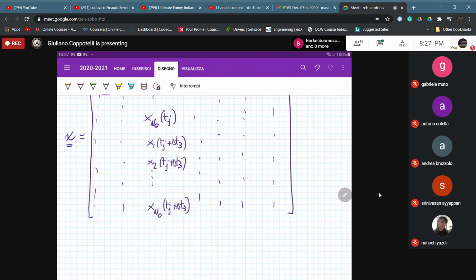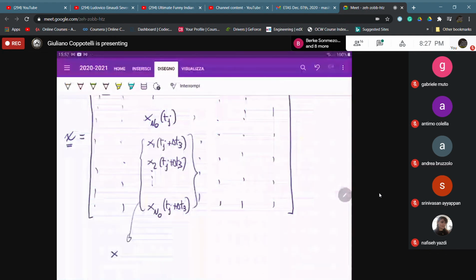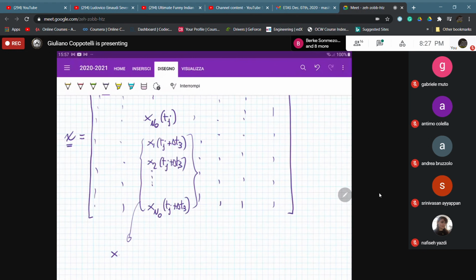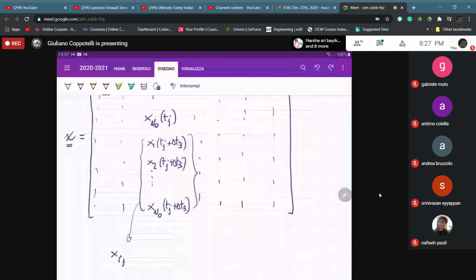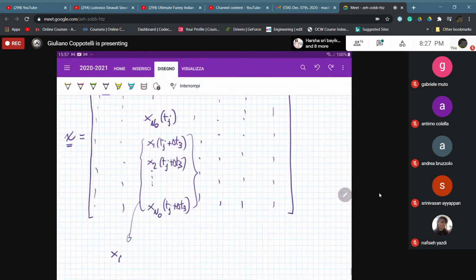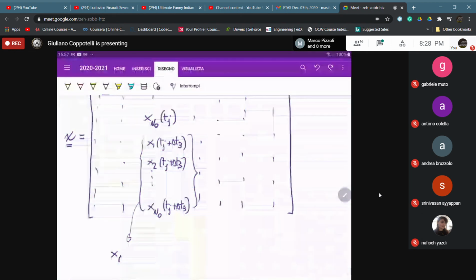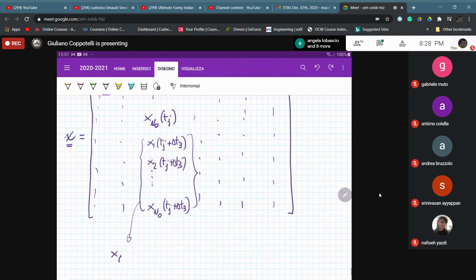Okay, please note once again that these fictitious points, Xi evaluated at the time Tj plus delta T3, could be referred to the double hat component ij of the corresponding double hat measuring point.